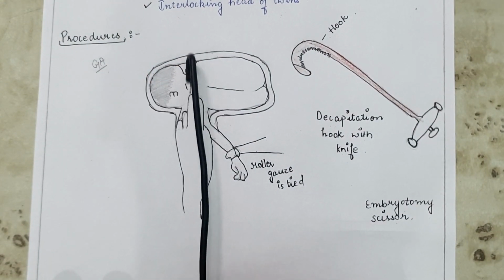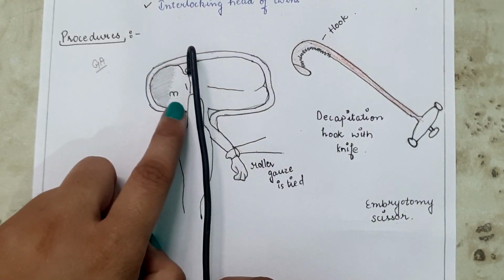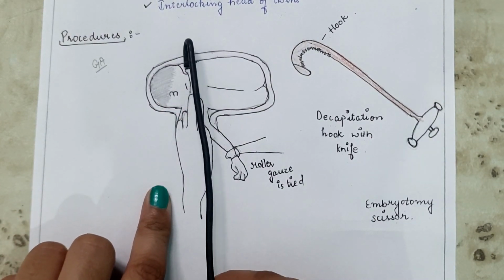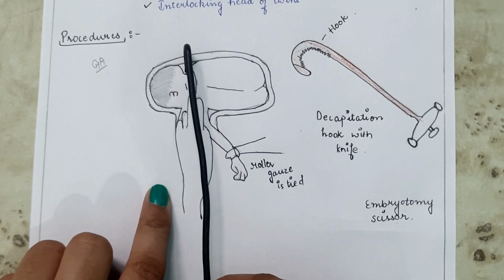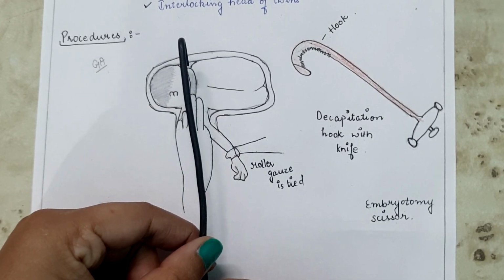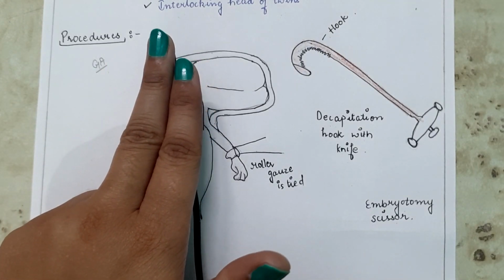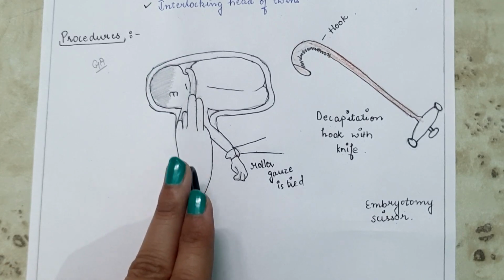Then with upward and downward movement of the decapitation hook, the vertebral column is separated. For removing the decapitation hook, move it backward and rotate it back, and then again with the guidance of the fingers, remove it.